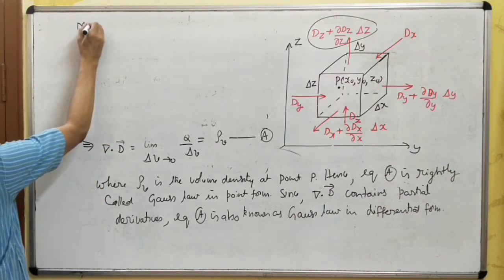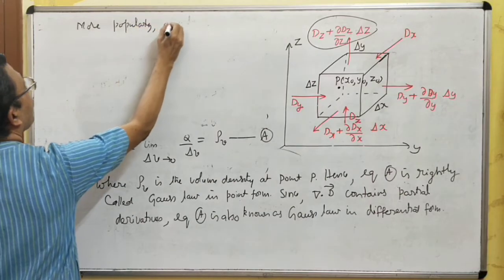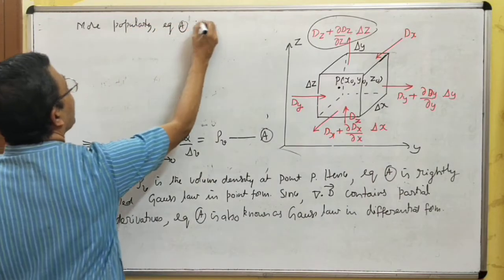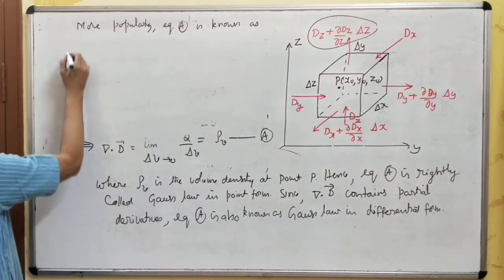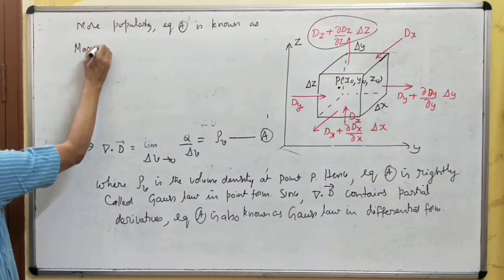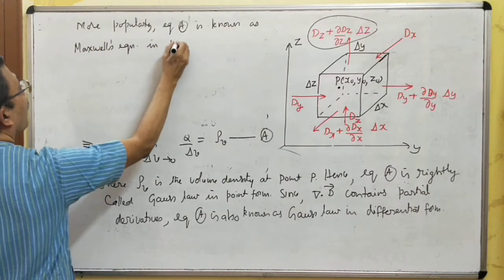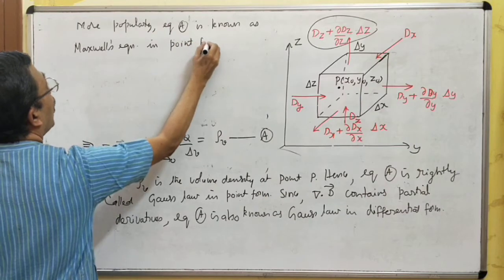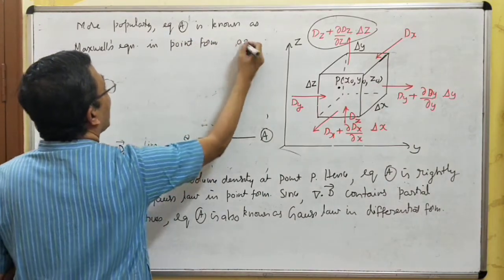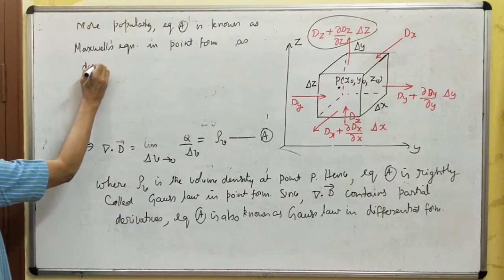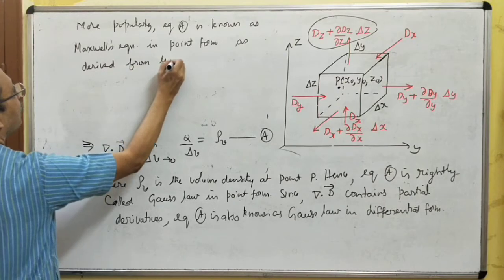More popularly, equation A is known as Maxwell's equation in point form as derived from Gauss law.